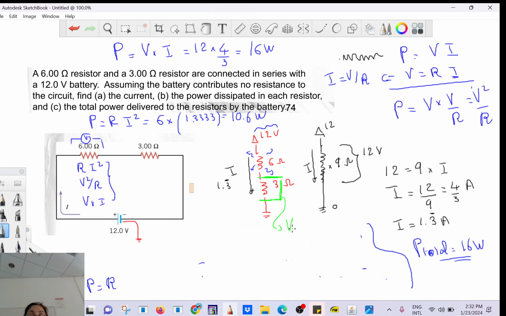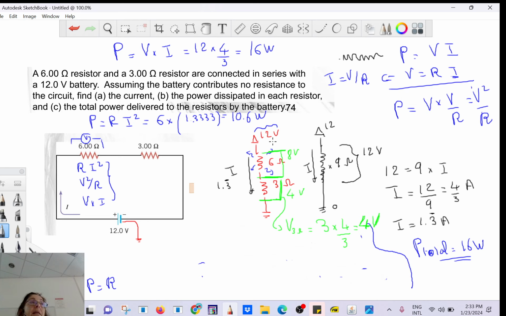So V across the 3 ohm equals 3 times 4 over 3, which is about 4. So the voltage drop here is 4 volts. Do you all agree with that? So if it's 4 volts here, how much is it across the 6? You want it to add up to 12. 8. Okay? 8 plus 4 equals 12.